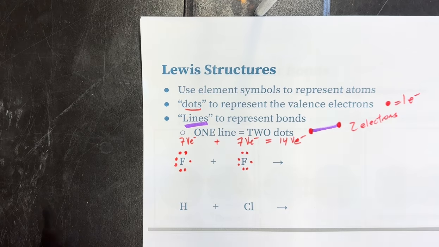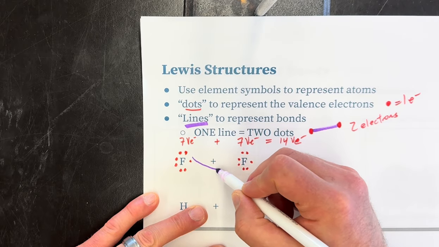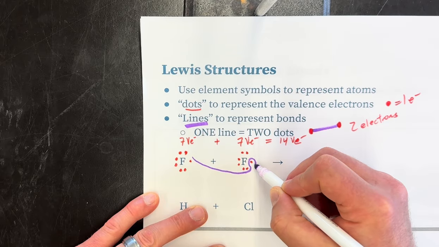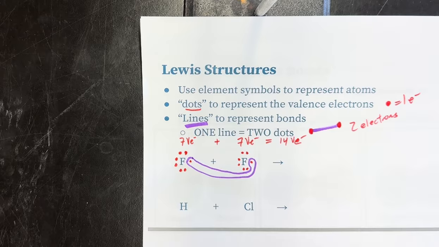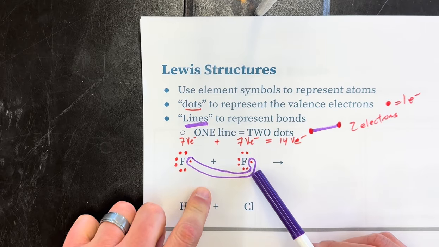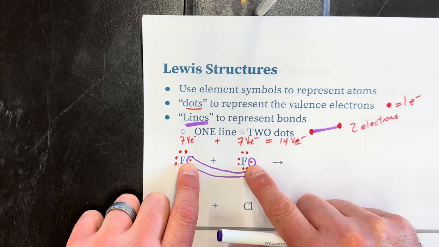Now, because we're sharing electrons in a covalent bond, we need to show that the electrons are being shared. So the way that we do that is with those lines, and I kind of like to do a sloppy version of this first before I clean it up. So this loop right here tells me that this electron and this electron are the ones that are going to be shared.